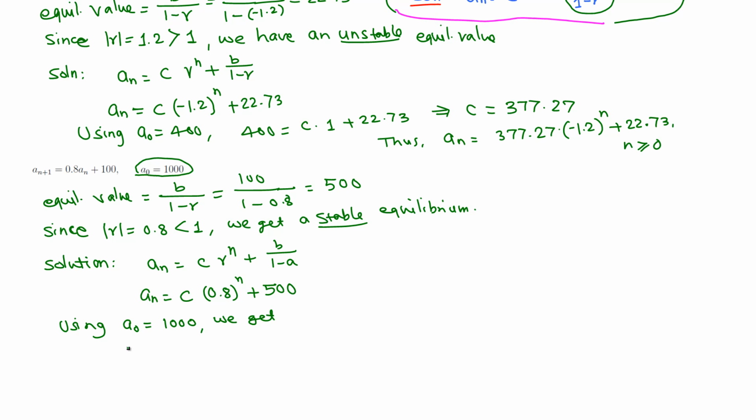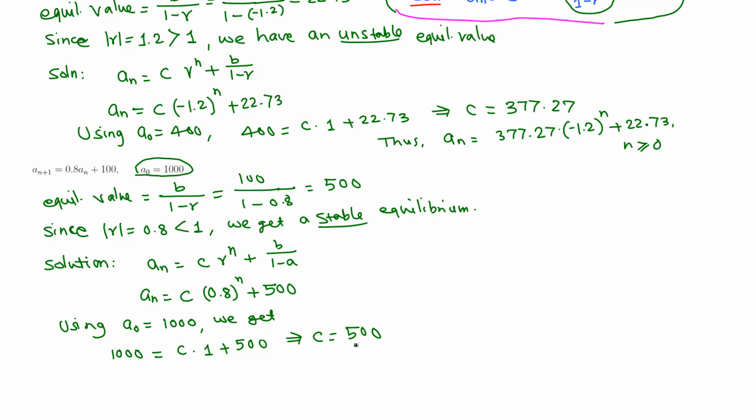we get a_0, which is 1000, equals c times 0.8 raised to 0, because n equals 0, that is 1, plus 500. Now to isolate c, subtract 500 from both sides, so 1000 minus 500, 500.